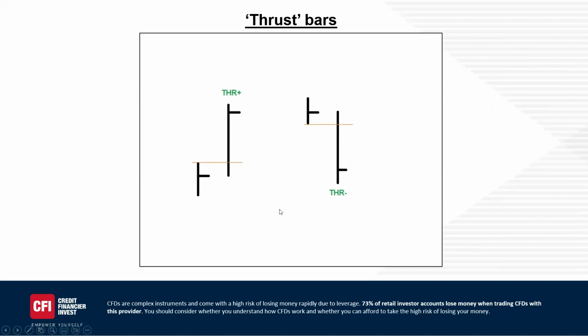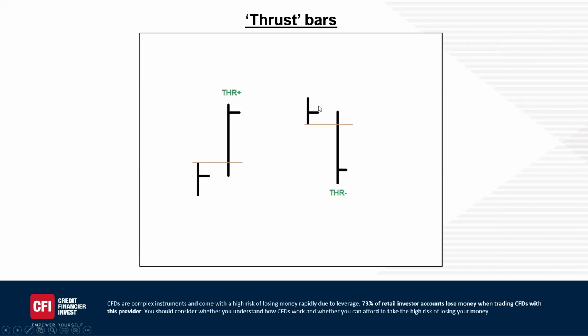So bullish thrust is defined as breaking above the previous session's high, this line here, and closing above it. So that for me represents a good directional movement, breaking through the previous bar's high and closing above it, usually by a significant amount. Okay, that is reflective of bullish price action.